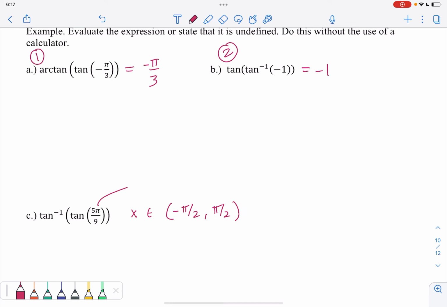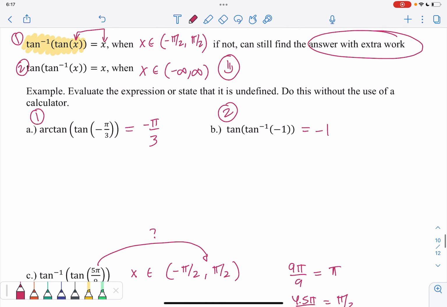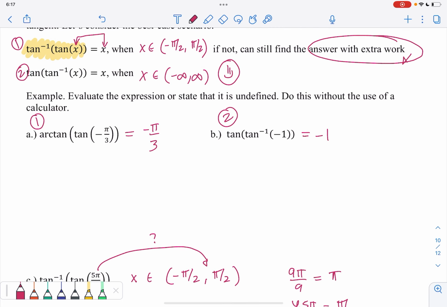Is 5 pi over 9 in here? Well, we have to look. 9 pi over 9 would be pi. So 4.5 pi over 9 would be pi over 2. But I have 5 pi over 9. So I can see that 5 pi over 9 is greater than pi over 2. So I'm not in that interval, and I have to do some extra work.